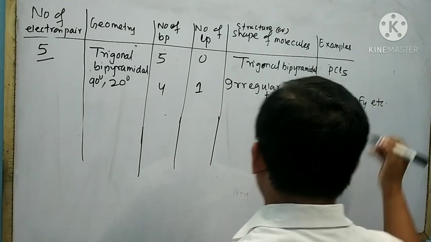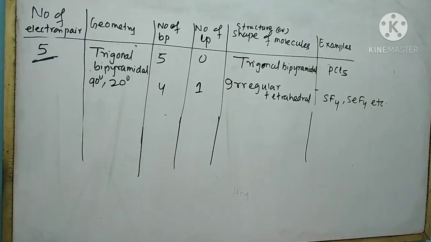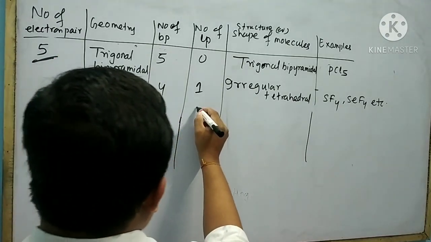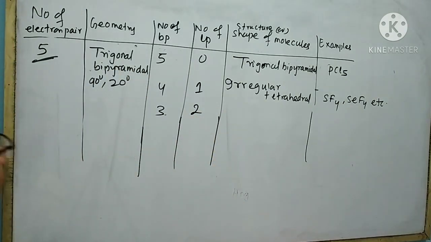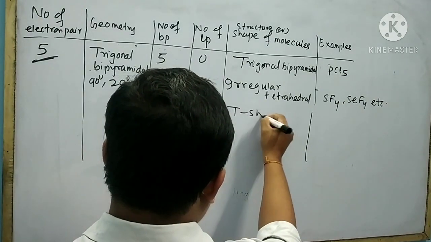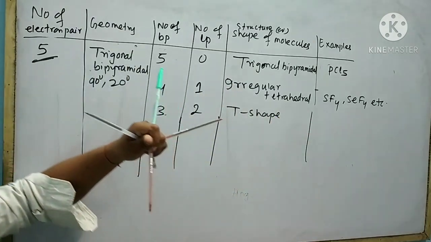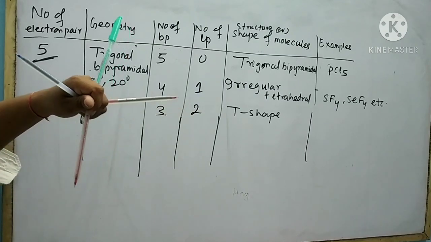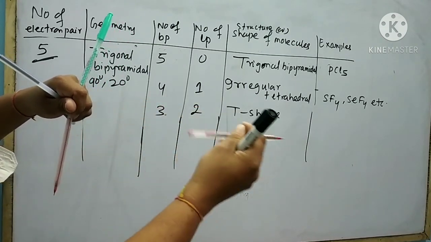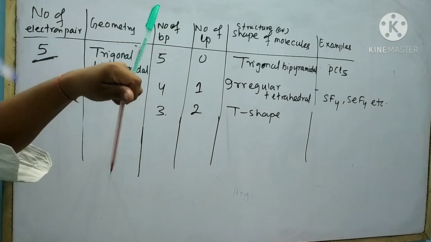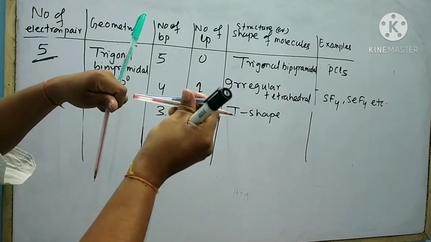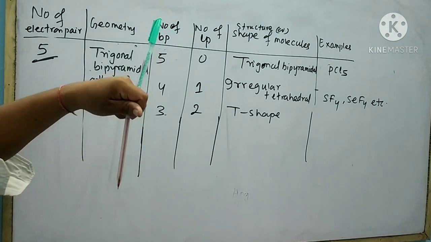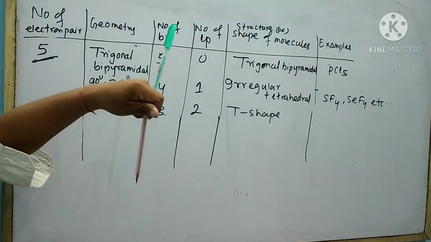Suppose among the 5 electron pairs, 3 electron pairs are bond pairs, 2 electron pairs are lone pairs, then the shape of the molecule is your T shape. Look at that, this is your trigonal bipyramidal geometry. Suppose this is your one lone pair and this is the second lone pair, then remove these 2 lone pairs from this trigonal bipyramidal, and the geometry is converted into T shape.